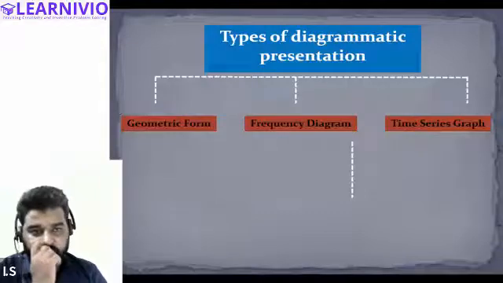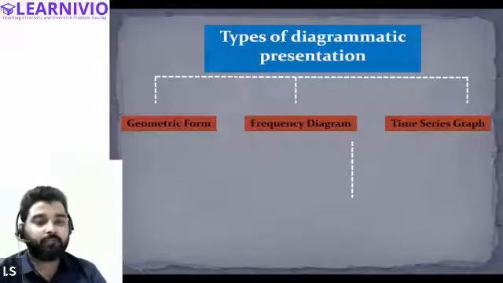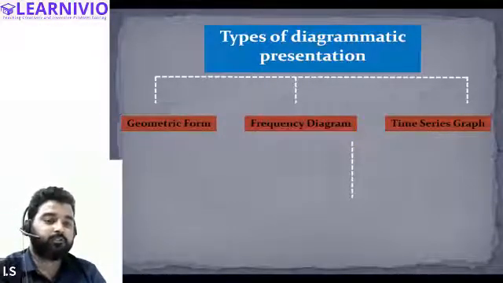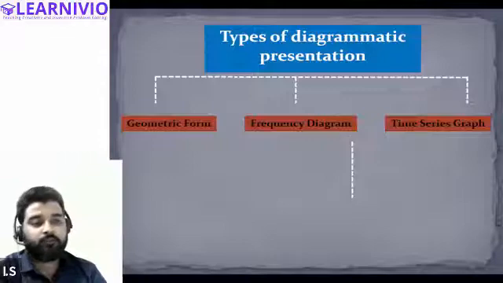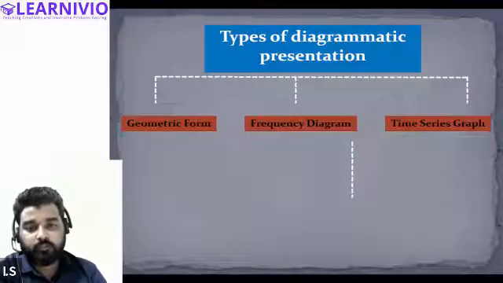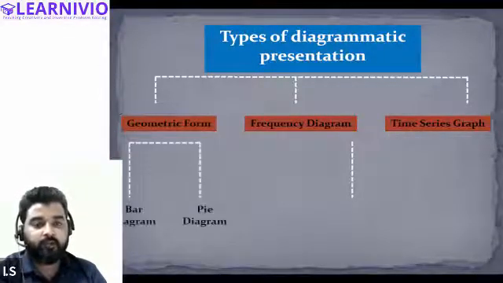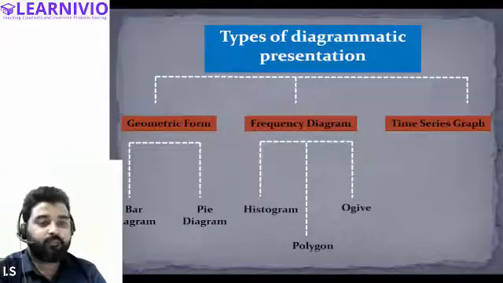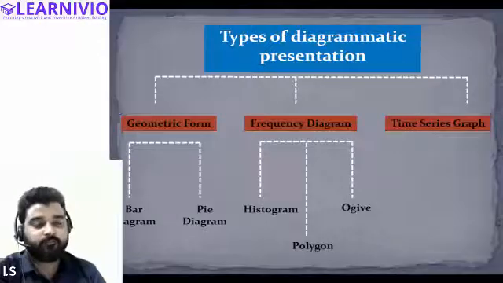Diagrammatic presentation can be categorized into three parts: the geometric form, the frequency diagram, and time series. In the geometric form, we have two parts: bar diagram and pie diagram. And the frequency diagram has three parts: histogram, polygon, and Ogive.